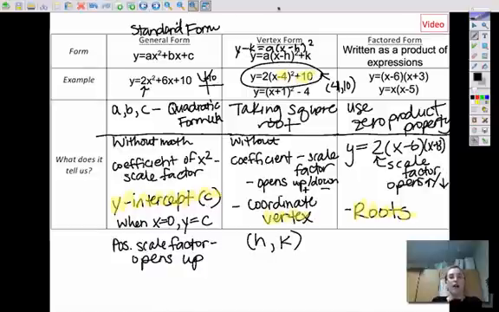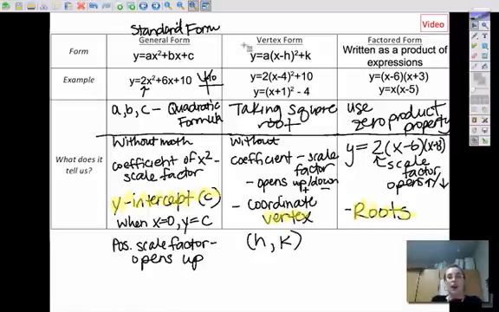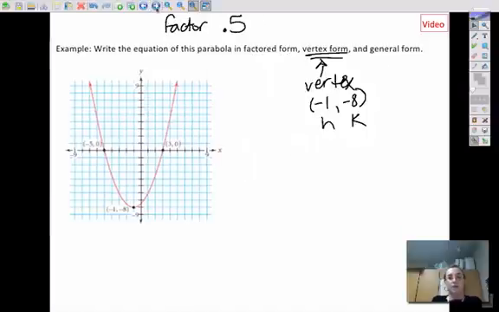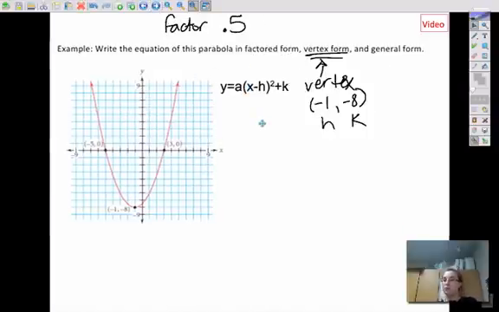So if I go back, I can see that my vertex form was y equals a times x minus h squared plus k. Okay? So I know that I'm going to use my scale factor here as my a. I'm going to use -1 as my h and -8 as my k.